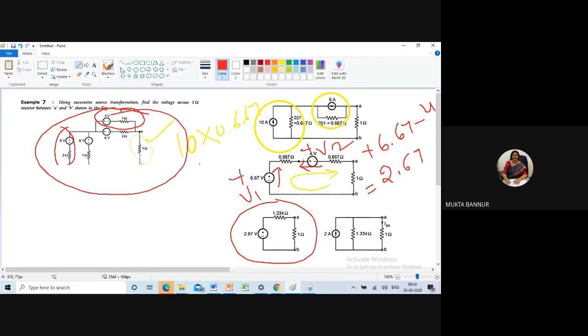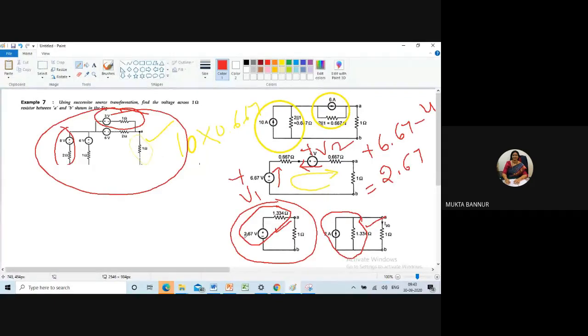Either you can use this circuit or this circuit. What is this circuit? This voltage source has been replaced by an equivalent current source.